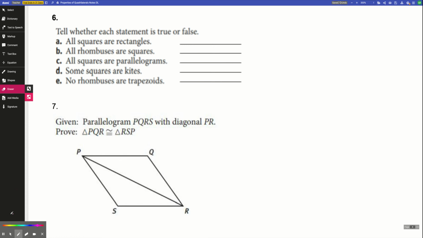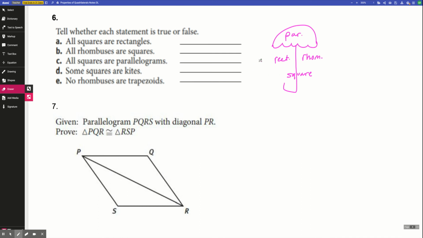Now, this first one here is just asking us whether or not these statements are true or false. And in order to help us with that, I'm going to draw this, the parallelogram umbrella. So remember, you have parallelograms here, rectangles, rhombuses, and then you have squares down here at the bottom.